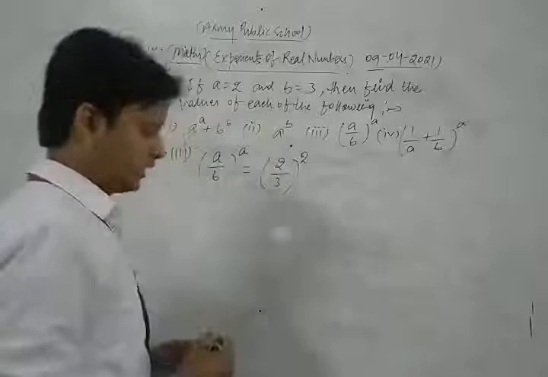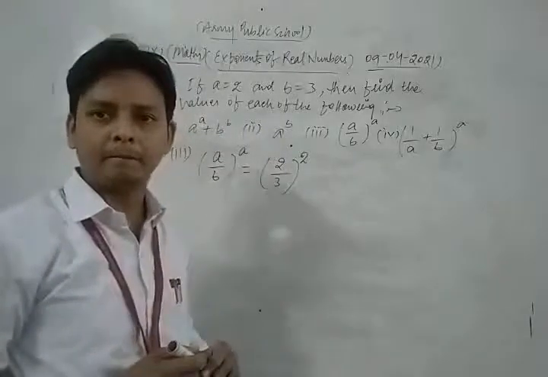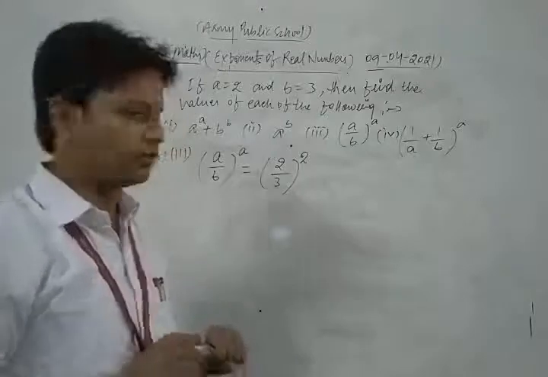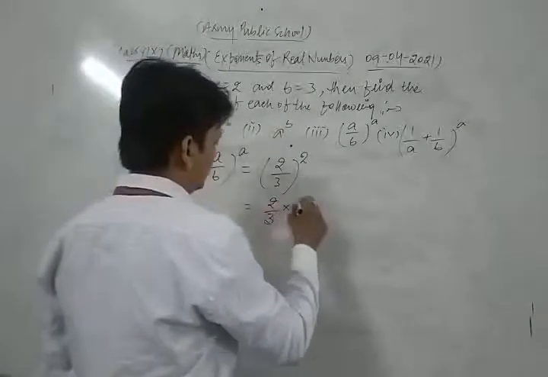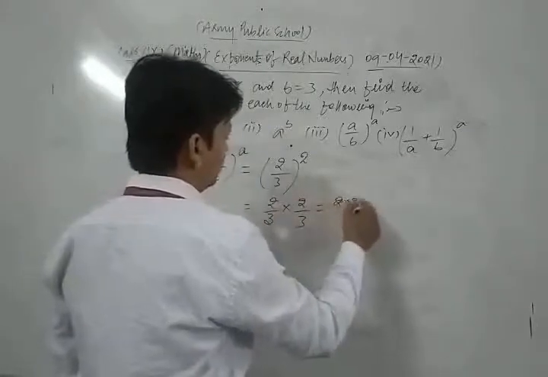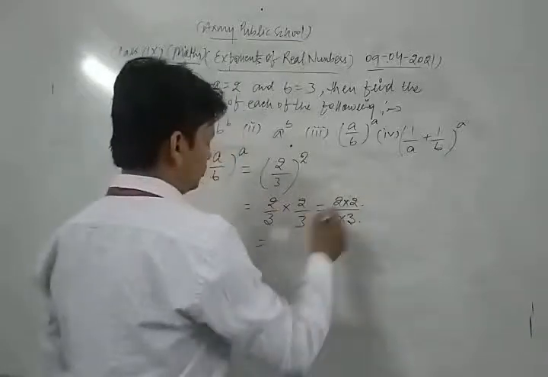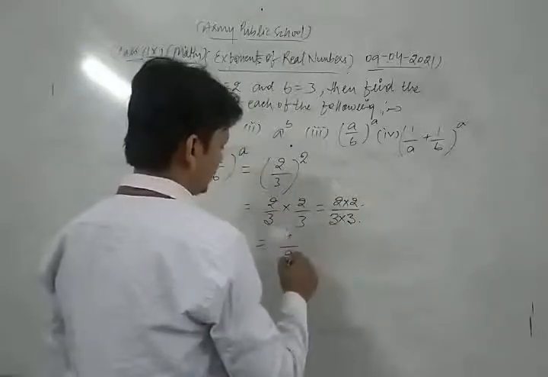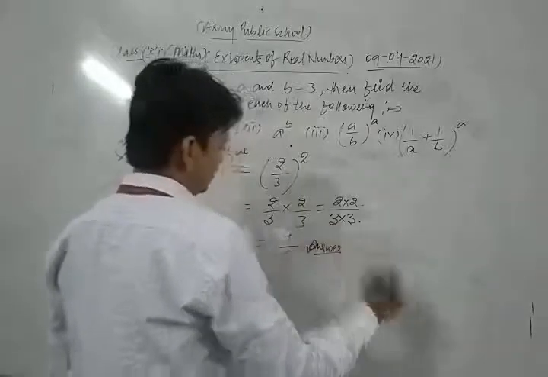Okay, now we just simplify that expression. So we get 2 upon 3 into 2 upon 3, which means 2 into 2 upon 3 into 3, that is 4 upon 9.